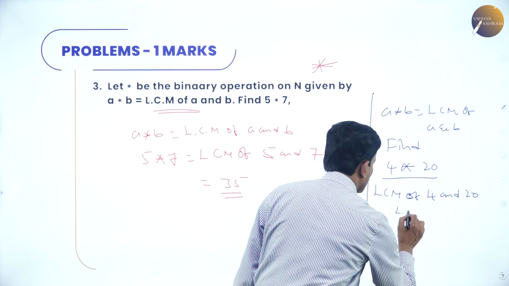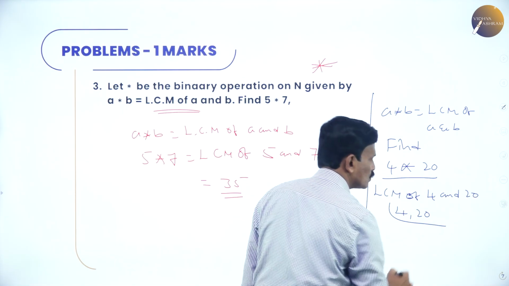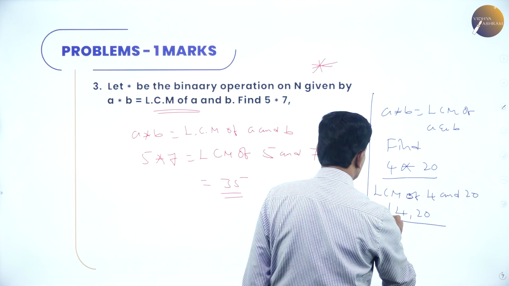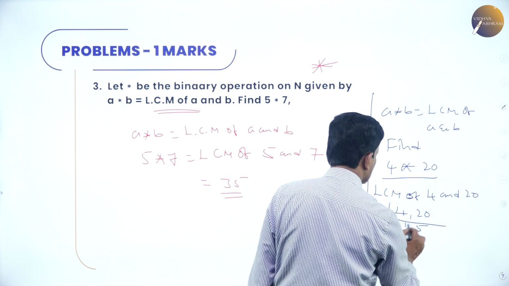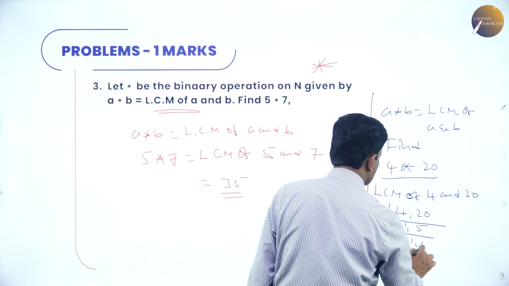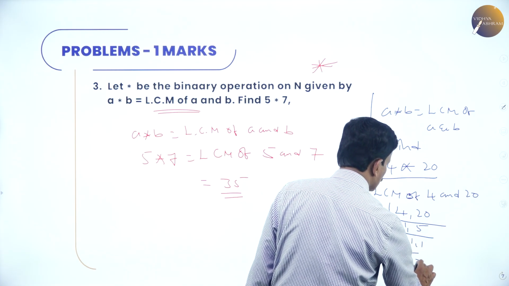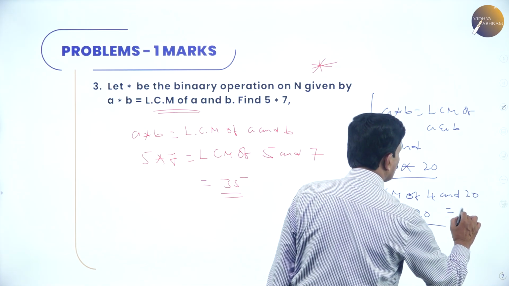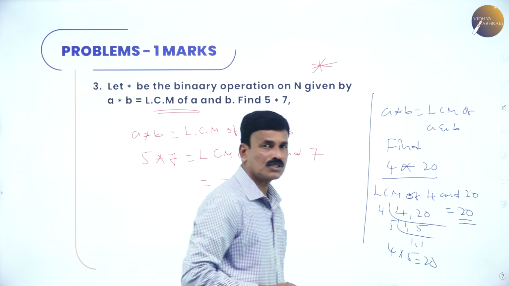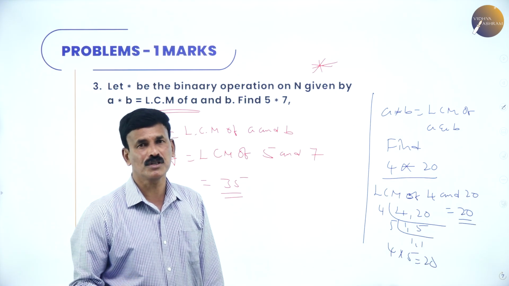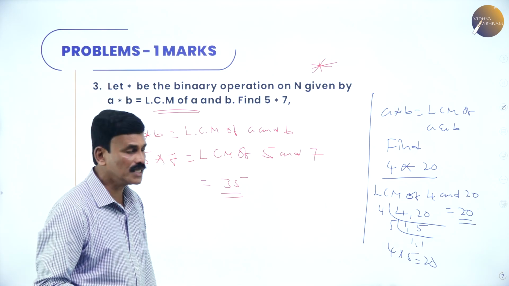Let us start with the 4 itself. 4 ones are 4, 4 fives are 20. So the LCM of 4 and 20 is equal to 20. If you do this much, definitely you will get 1 mark. That's it. Move on to the next problem.